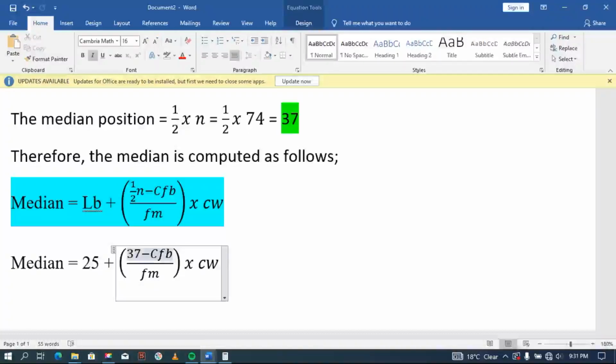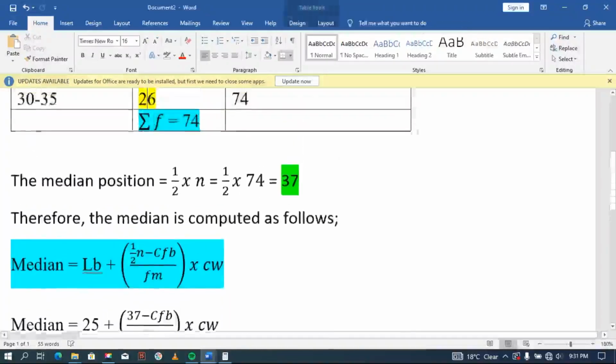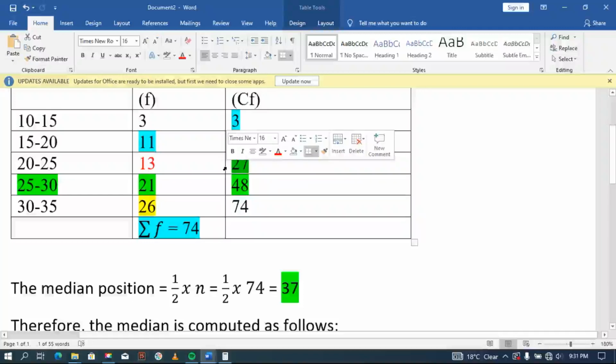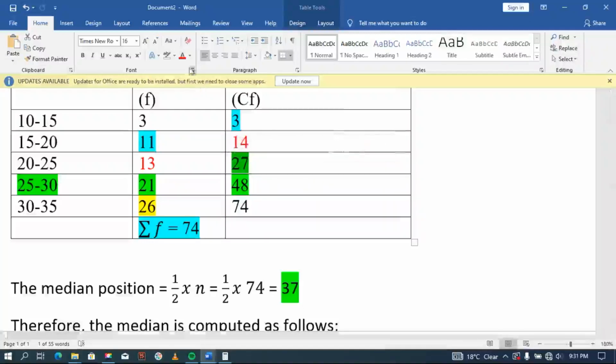Now if this is the median class, the one of 25 to 30, then the cumulative frequency before the median class is 27. So we pick out 27.